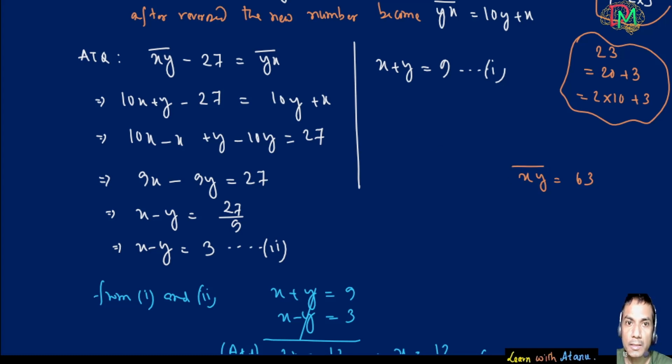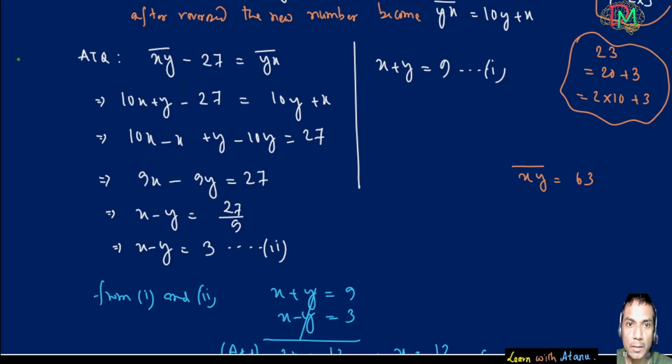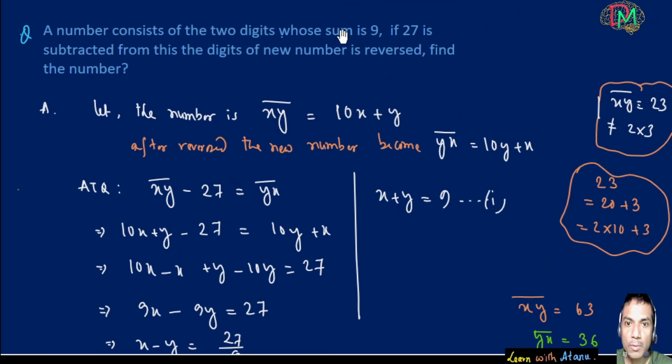We got this answer, right? And yx has become 36. Now according to the question, x plus y is equal to what? 6 plus 3 is equal to 9. So this is satisfied. The sum of the digits is 9. So the first condition is satisfied.